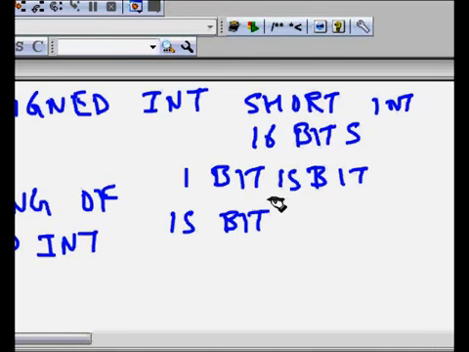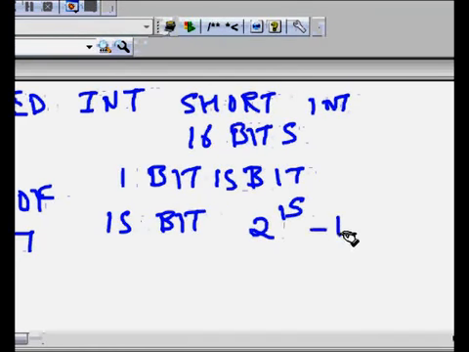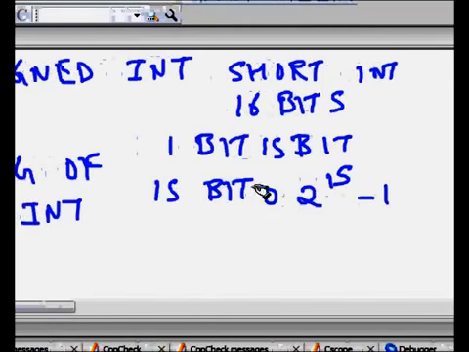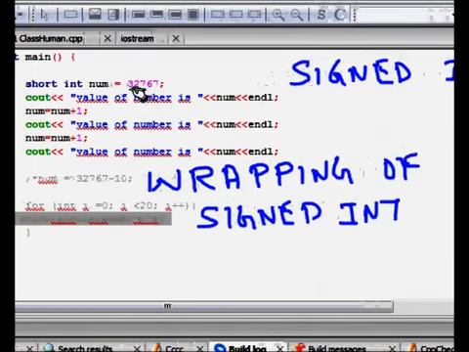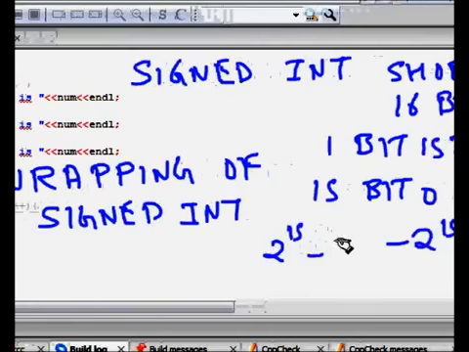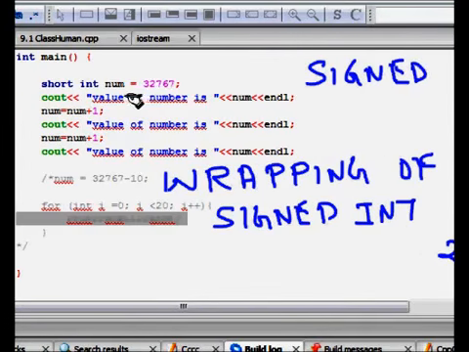So your maximum value on the positive side will be 2 to the power of 15 minus 1, and the minimum value on the negative side is minus 2 to the power of 15. Here 2 to the power of 15 minus 1 is 32767.